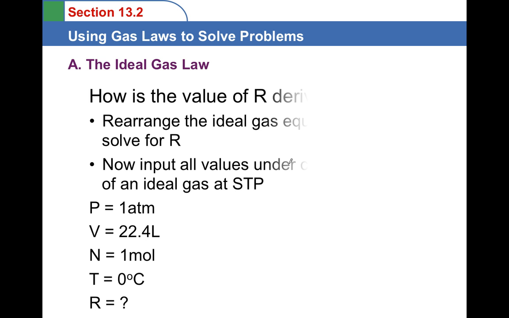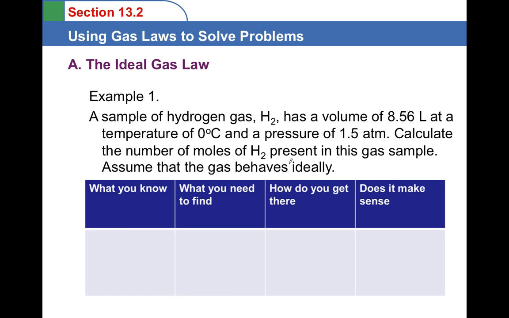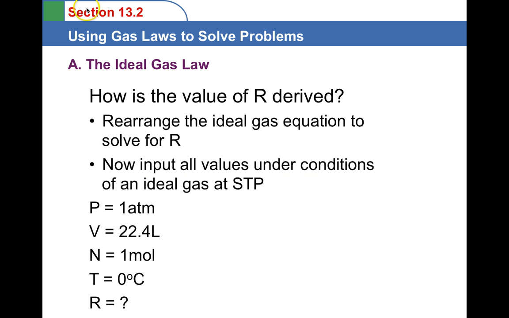Okay, and how is R derived? Okay, so if you rearrange the ideal gas equation to solve for R, and you input all the conditions under STP, I have to show it to you. I thought it was clicked on here, but it's not. All right, so pulling up the pen.